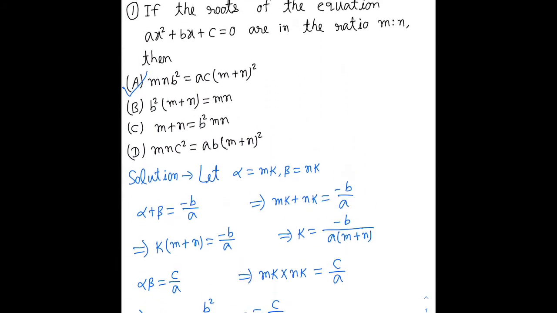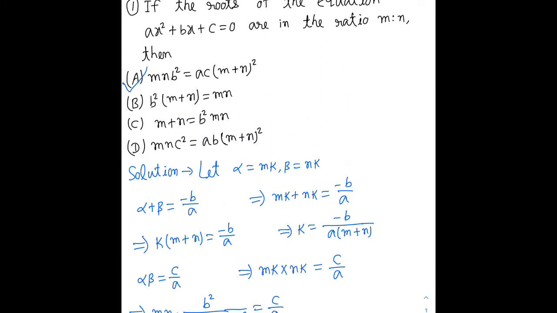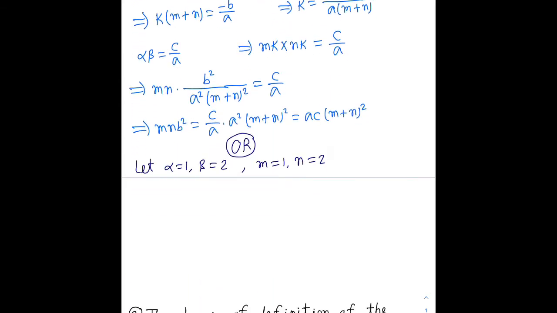Okay, now what we'll do next, we'll try to correlate the coefficients. When the roots are 1 and 2, we can find the quadratic polynomial. If you know the roots, then to find the polynomial, the formula is x square minus sx plus p equals to 0, where s is the sum of roots and p is the product of roots.